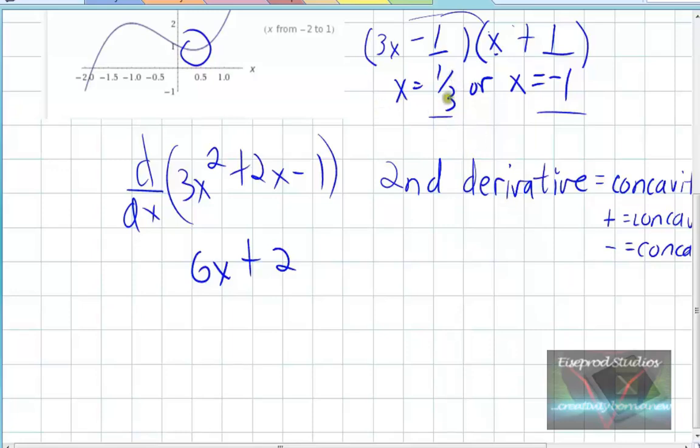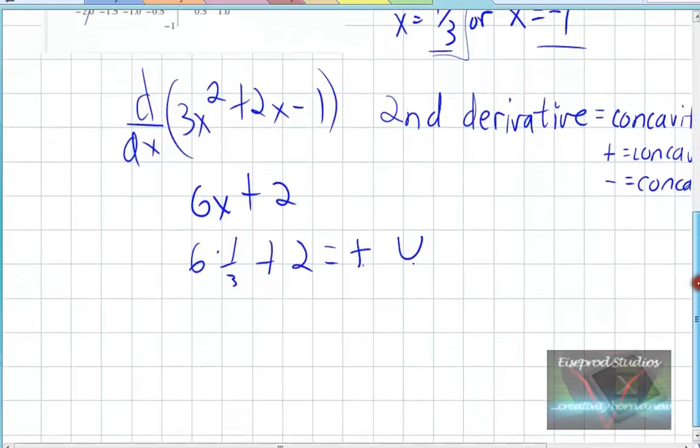So at 1/3, then we'll have 6 times 1/3 plus 2, which, you technically don't even need to solve it. As long as you know that it's positive, then you know that it's going to be concave up. Because there's no reason for this to be negative, right? You're adding two positive numbers, so it's a positive value, it's going to be concave up at this point, 1/3.